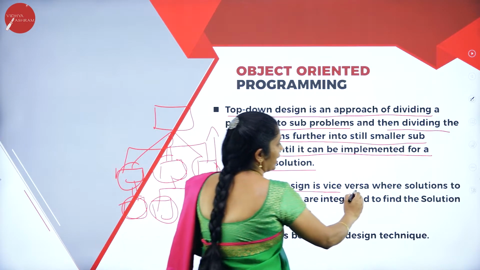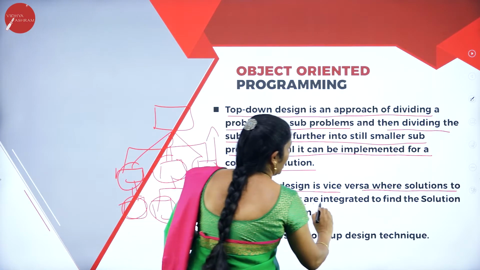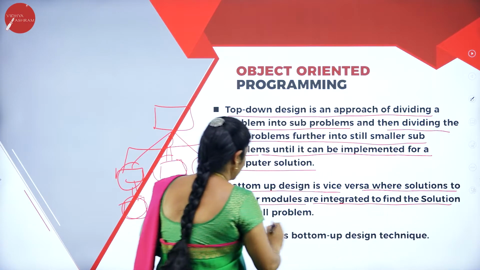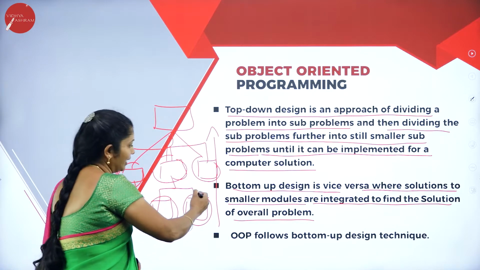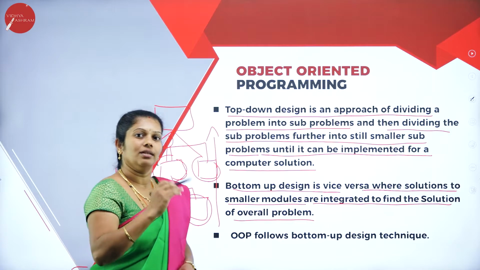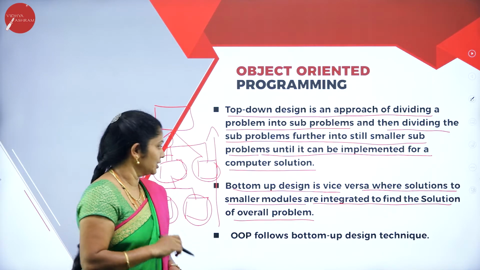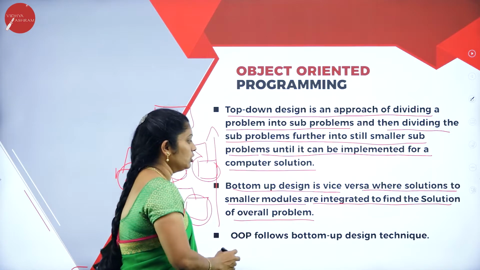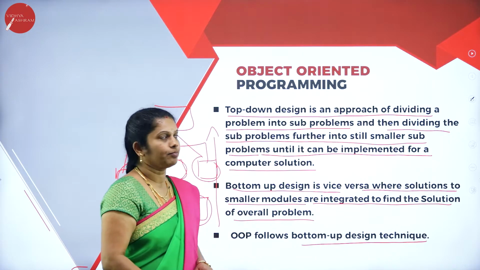Bottom-up design is vice versa, where the solutions to the smaller modules are integrated to find the solution of the overall problem. Whatever result we have generated, it will be transferred to a higher order to get the final result. It just integrates all the things and then we get the final result. OOP follows the bottom-up design technique.